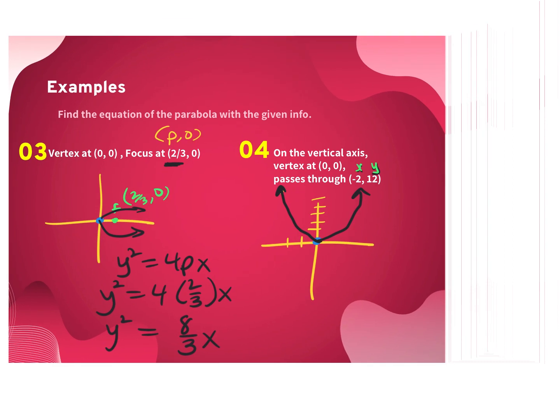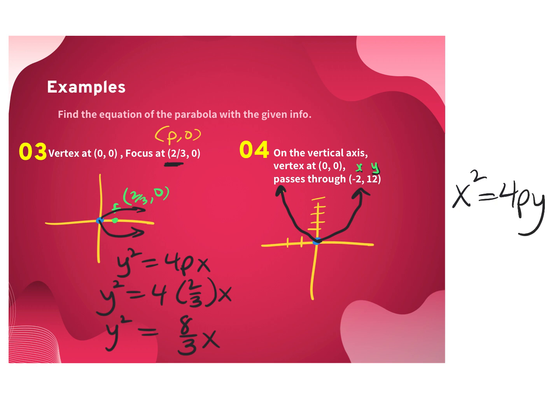So the equation I'm going to be using is x squared equals 4py. Another clue is the words here, vertical axis. So whenever your graph is vertical, it's up and down. And in this case, when it's a happy parabola, my p-value here is going to be positive.